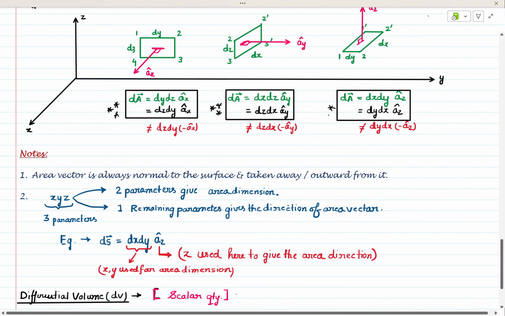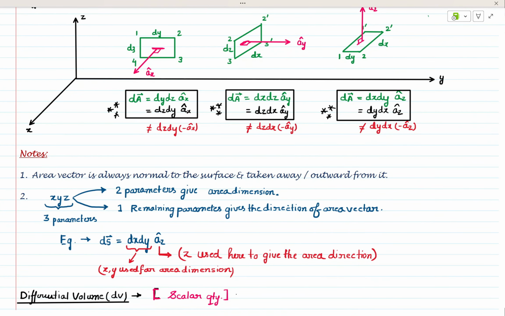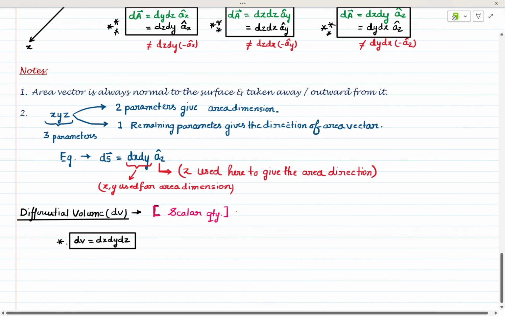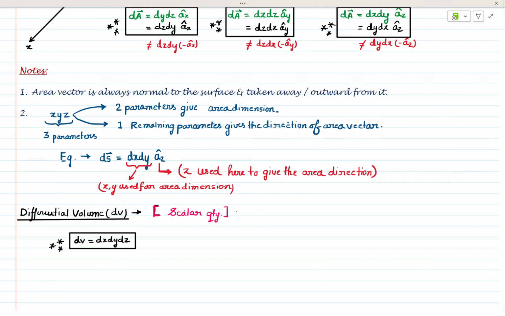For differential length, I have considered the three directions. For differential area also, as it is a vector quantity, I have considered the three directions. But in the case of differential volume, as it is a scalar quantity, I will not consider the directions or the unit vector over here.